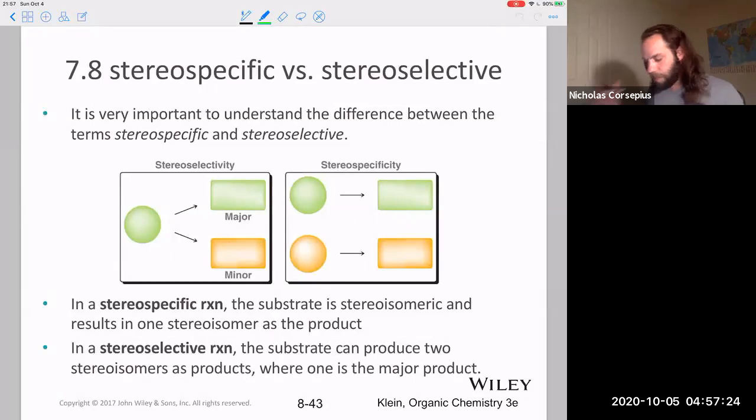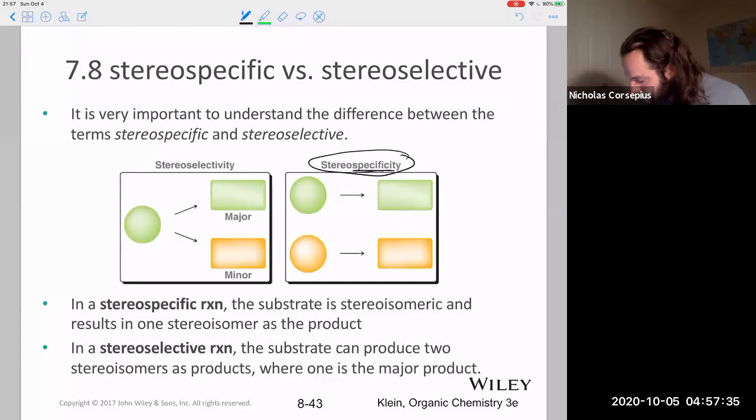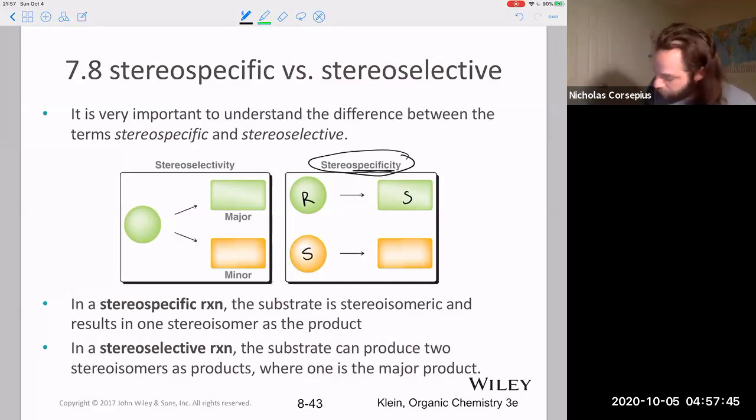I sort of was throwing around these words, stereoselective and stereospecific, so I want to be clear on what that would mean. Stereospecificity, the key word there is specific, meaning if you start with one particular conformation, so for example R, then you would get S at the end, but if you started with the other one, you would get R. You could do the same thing with our alkenes, where it would produce either E or Z, but not both, right?